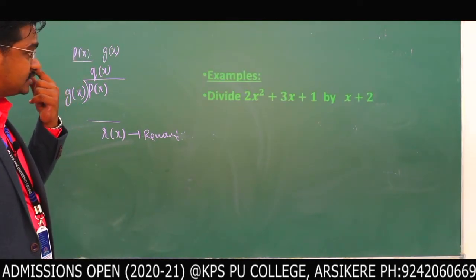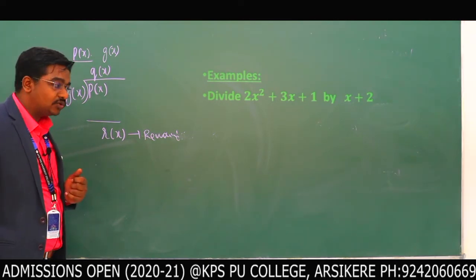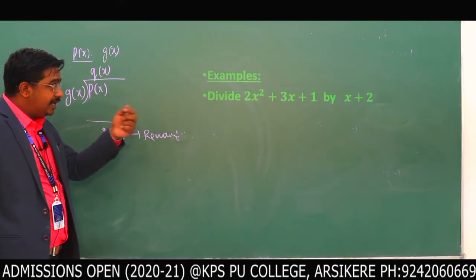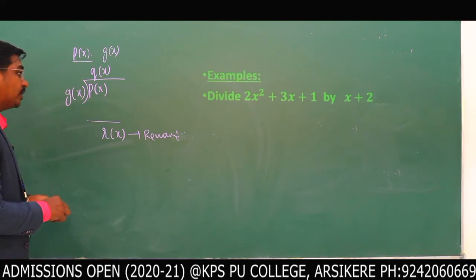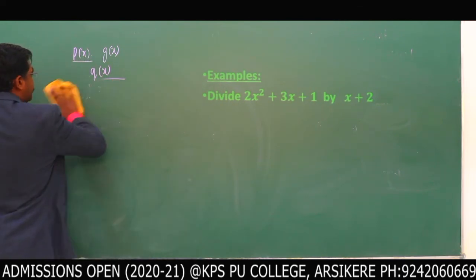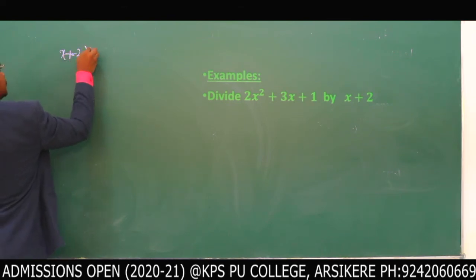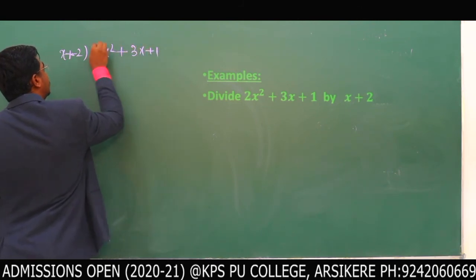Example note. First example here. So here divide 2x square plus 3x plus 1 by x plus 2. Obviously, just observe the term divisor here, x plus 2 is that degree is less than or equal to the degree of dividend, that is 2x square plus 3x plus 1. So we'll discuss that problem. Here ನೋಡಿ ಇದನ್ನ x plus 2 is the divisor and divided here 2x square plus 3x plus 1.